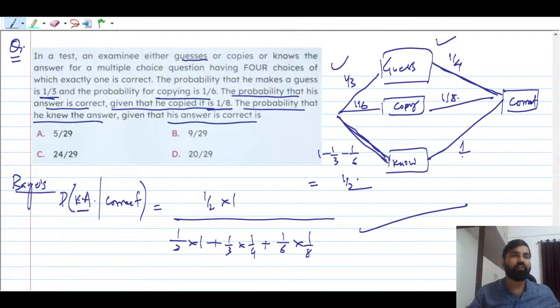So this is all from my side, guys, for today. I think you might have understood how we use the total probability theorem and how we use Bayes theorem, and how quickly you can find the answer, whether it is a GATE problem or any kind of problem. So please make use of it, and understand this tree diagram, the branch probabilities.